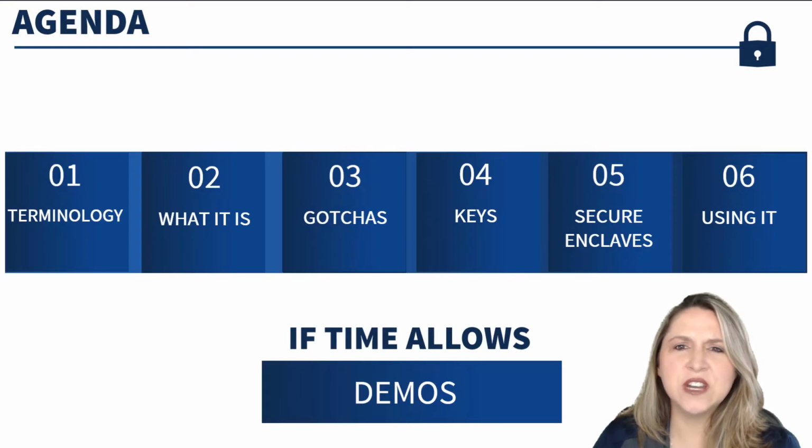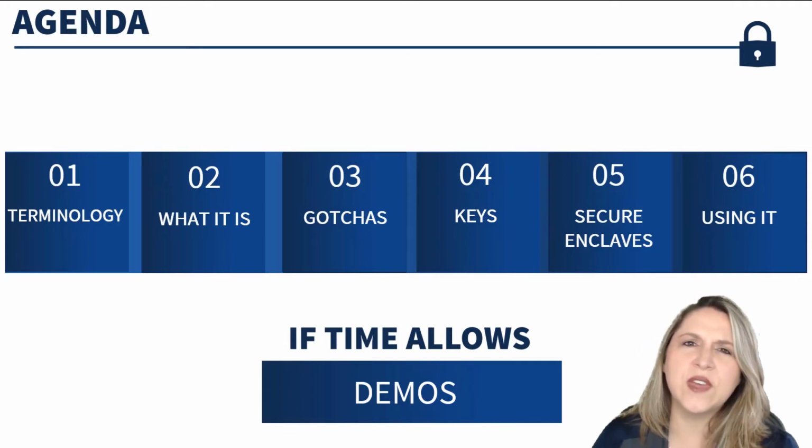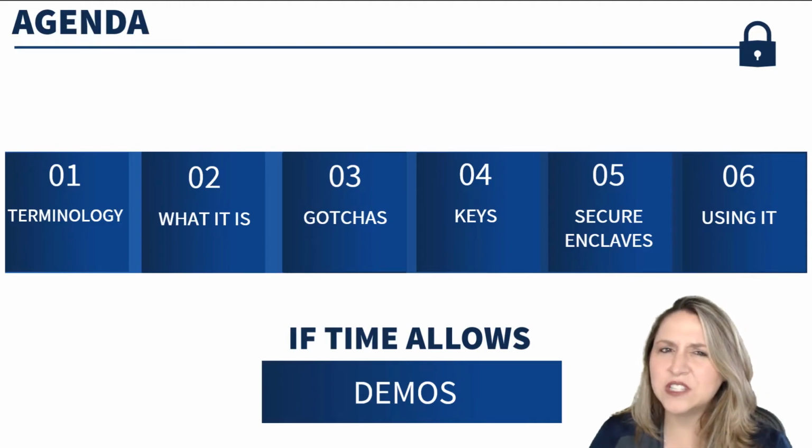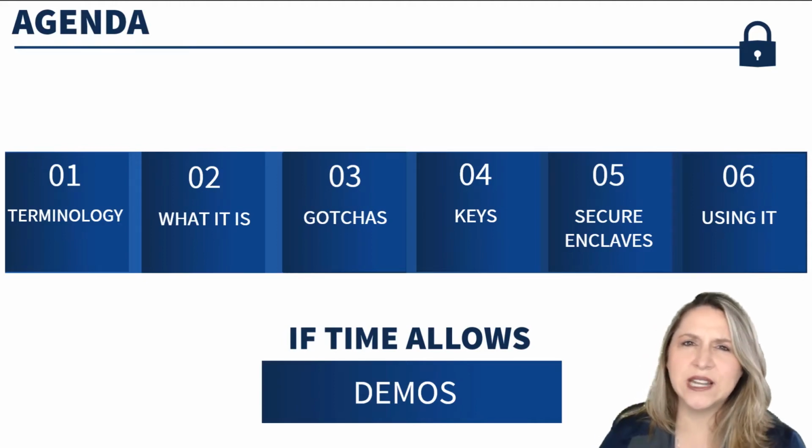So a little bit about the agenda of what we're going to walk through. We're going to go over the terminology. We're going to talk about what it is and how it works. We're going to go over those key gotchas that I mentioned just a second ago. We're going to talk about keys and how those play a role, and there's different types of keys that have to do with Always Encrypted. And then we're going to talk about a really cool thing called secure enclaves. It allows us to get past a few of those gotchas, but that's with SQL Server 2019 and above.